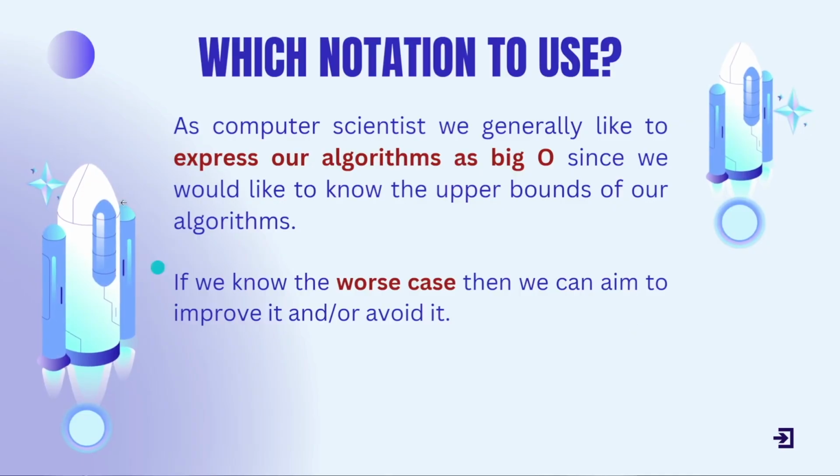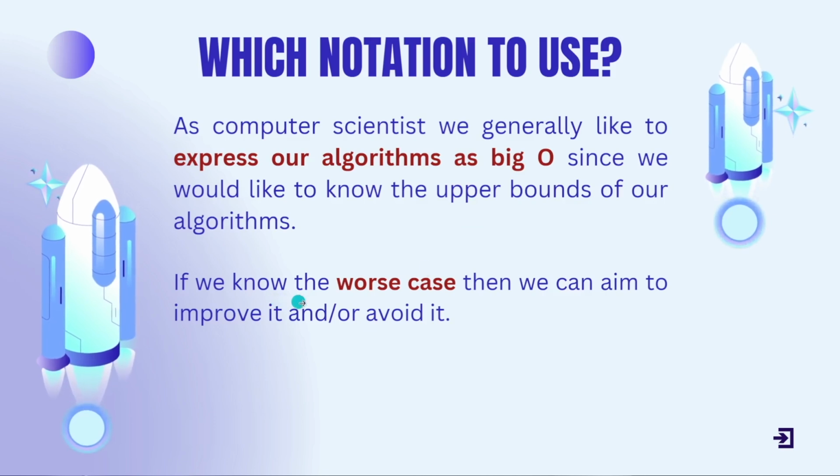Now, we may have a question, which among these notations should we use when we think of analyzing our own algorithm? As a computer scientist, we will normally be expressing our algorithm's performance in terms of big O notation, that is we will be specifying the upper bounds of our algorithm. The reason is that, as I said before, big O notation actually gives a picture of the worst case complexity of an algorithm.